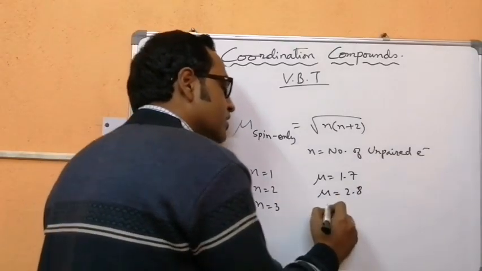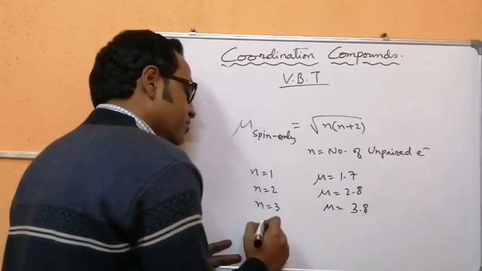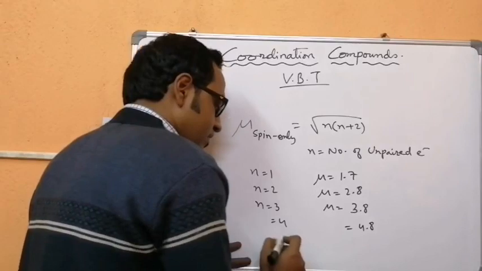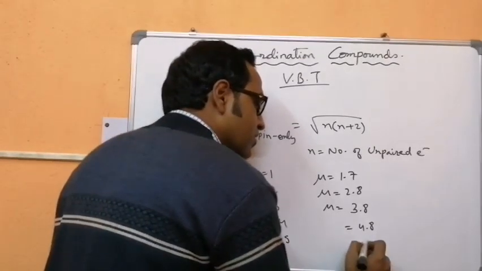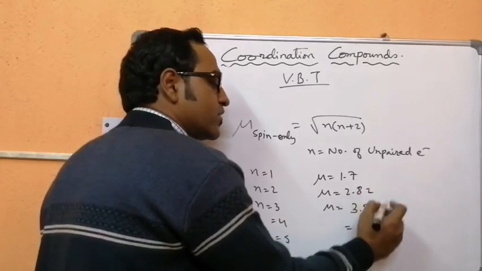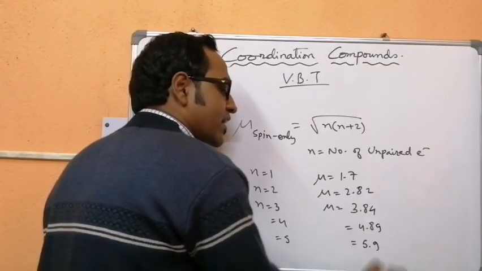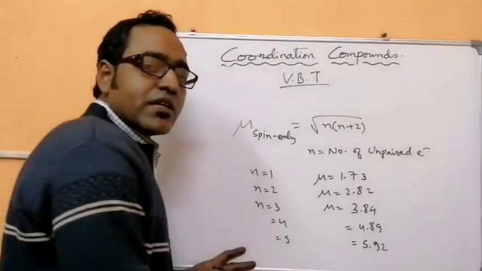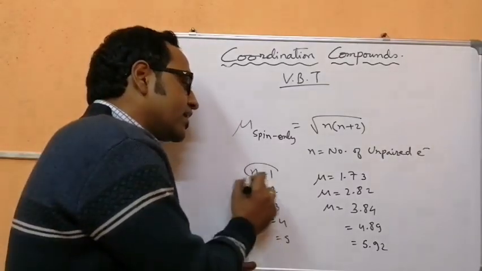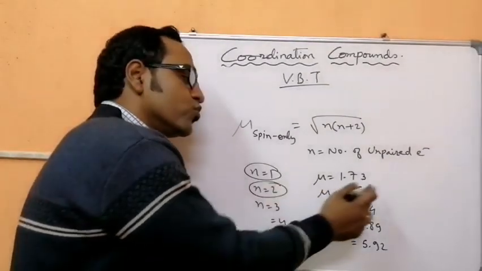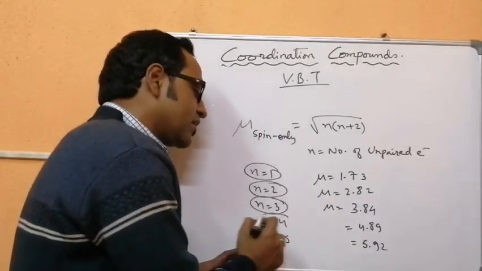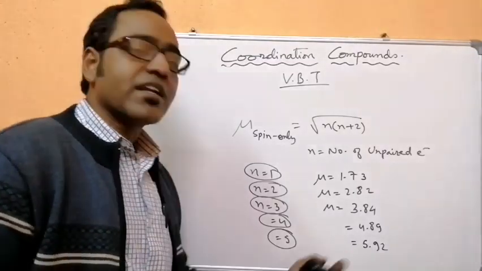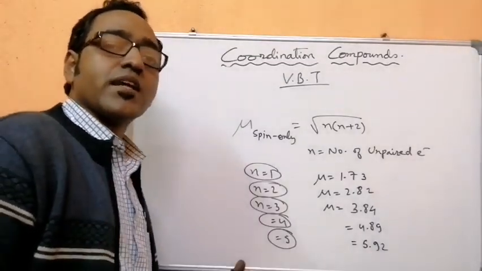When n equals 3, it is 3.8. n equals 4, it is 4.8. n equals 5, it is 5.9. Actually it is 2.82, 3.84, 4.89 and 5.92. We need not memorize the values. The only thing you have to memorize: when n is 1, 1 point something; n is 2, 2 point something; n is 3, 3 point something; 4, 4 point something; 5, 5 point something. So whenever the value is written like this, we can easily predict the number of unpaired electrons.